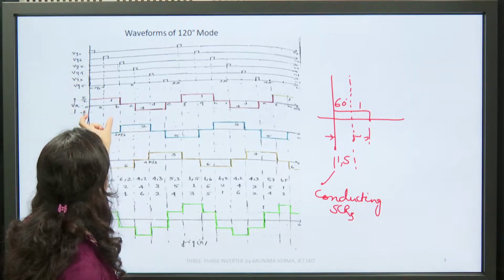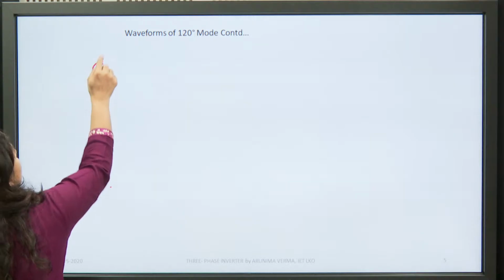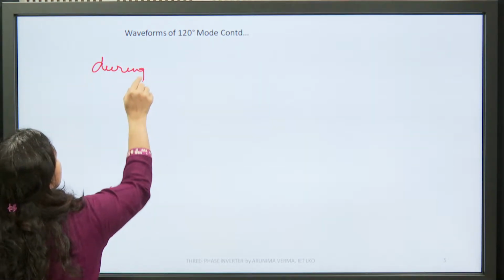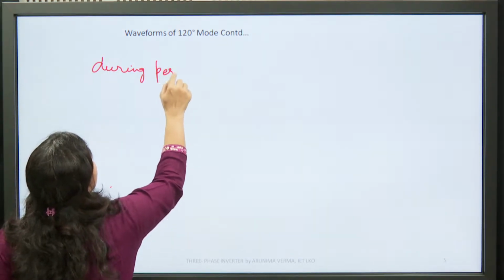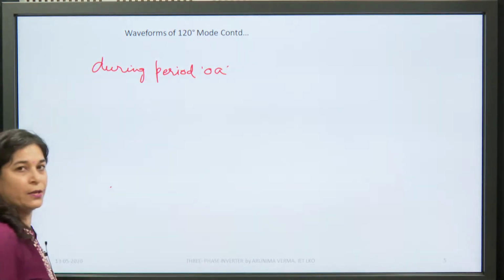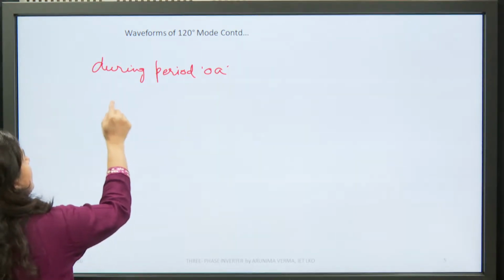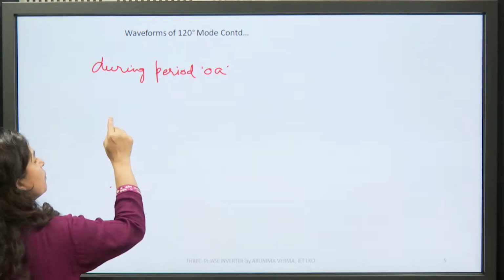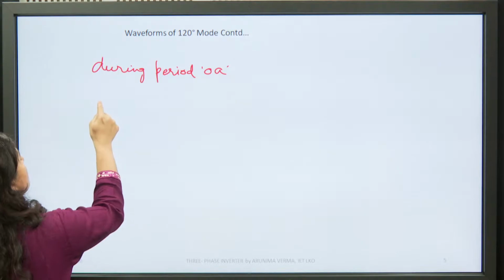We have during period OA, SCR 1 and 5 of R and Y phases respectively are conducting.